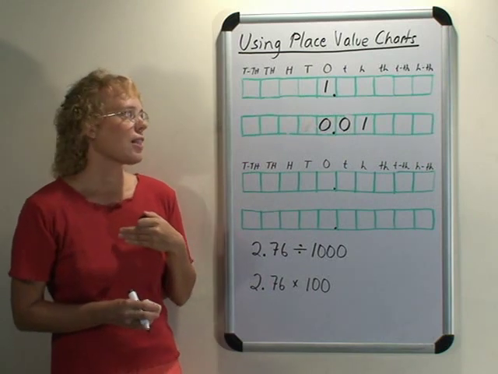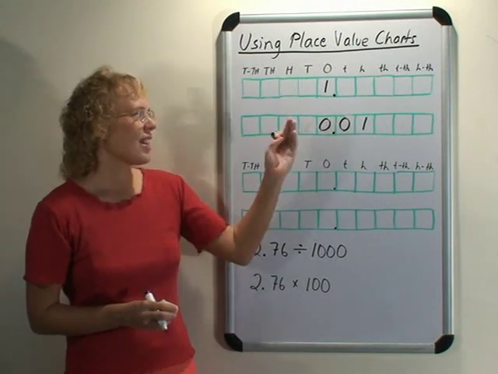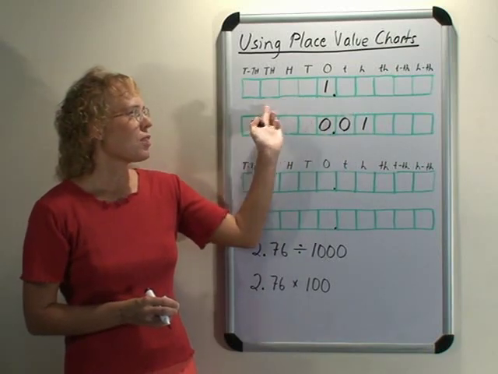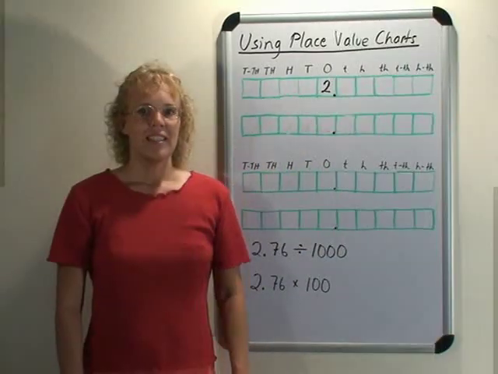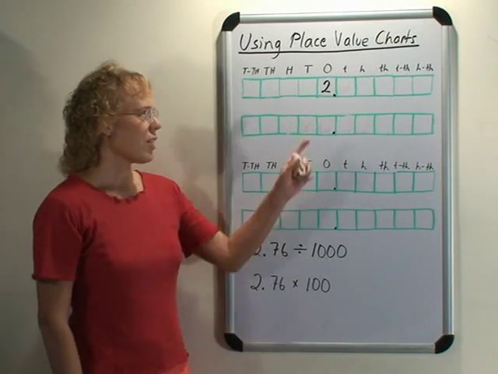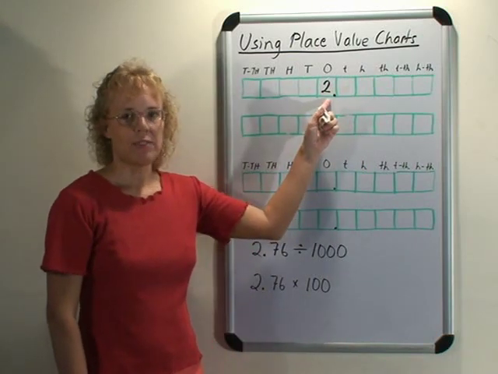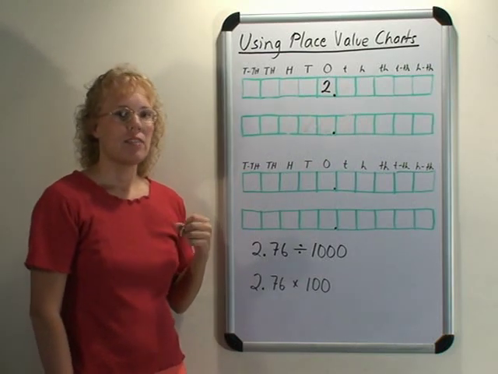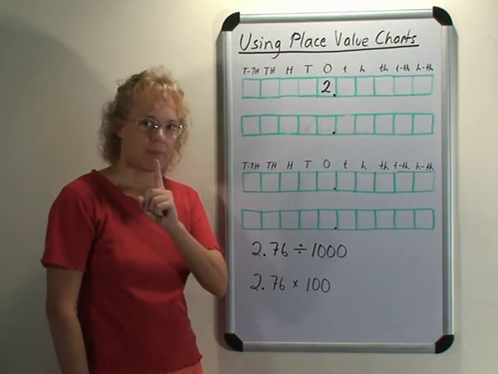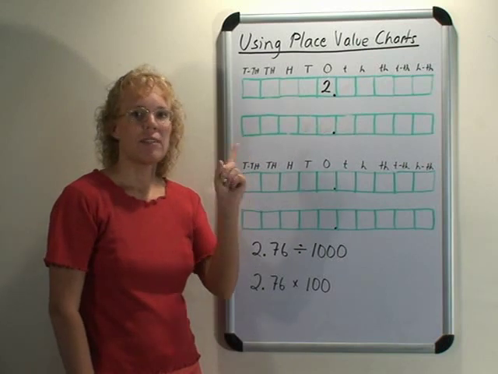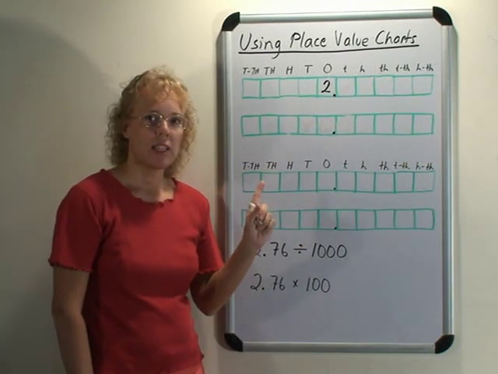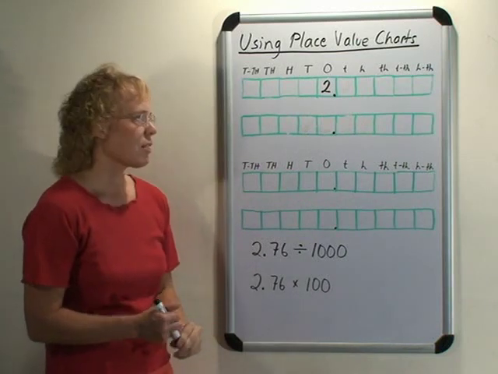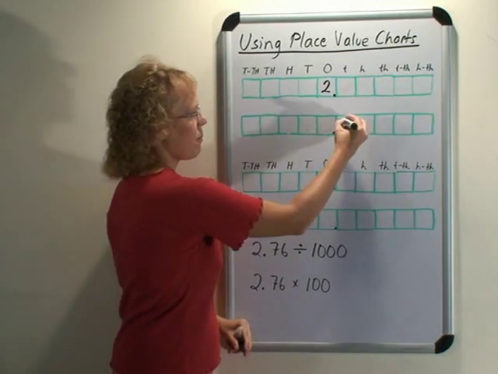It's not really that the decimal point moves, it's that the digit or digits of the number move in this place value chart. Now, if we start out with 2 and we divide 2 by 10, for example, you can think of it as 2 being 1 and 1, and so the 1 divided by 10 gives us 1/10, and the other 1 divided by 10 gives us another 10th, so as a result we get 2/10.